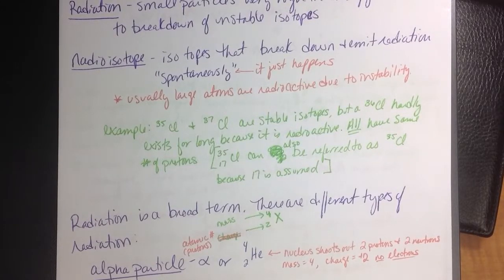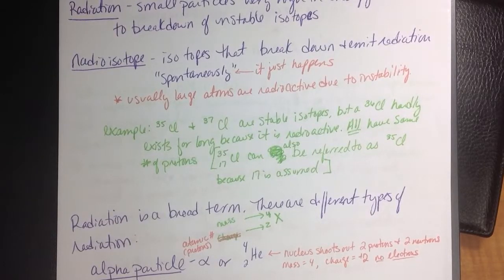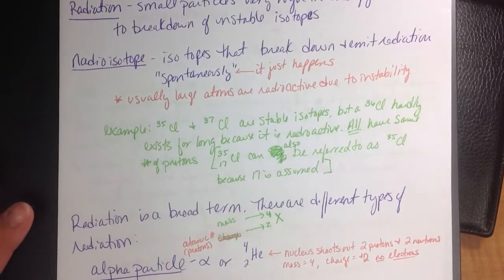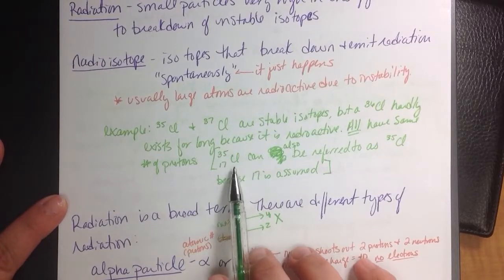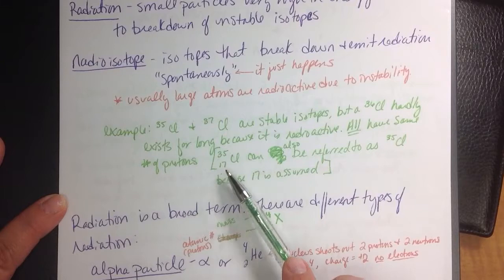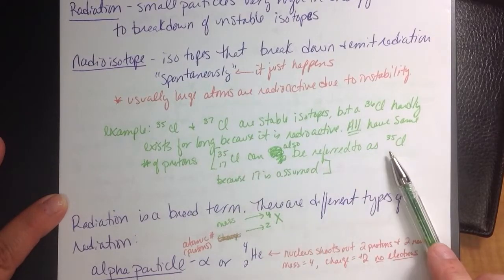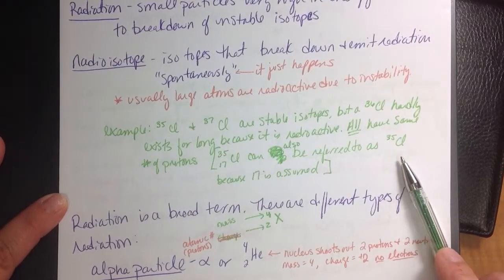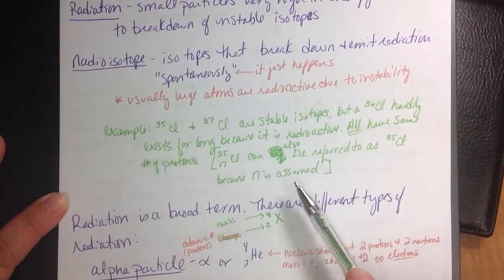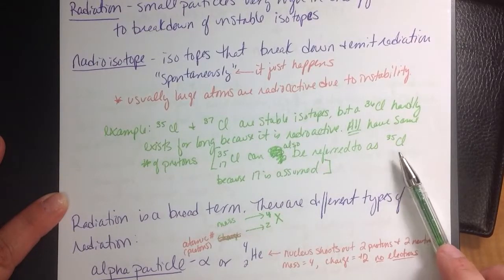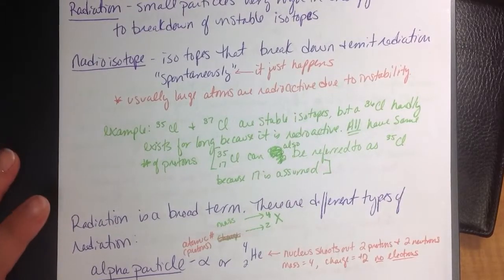Now keep in mind that all isotopes have the same number of protons. So all chlorine still has the same number of protons. Sometimes we drop this bottom number down here and just refer to it as chlorine 35. So the 17 is assumed because that has the same number of protons, okay?